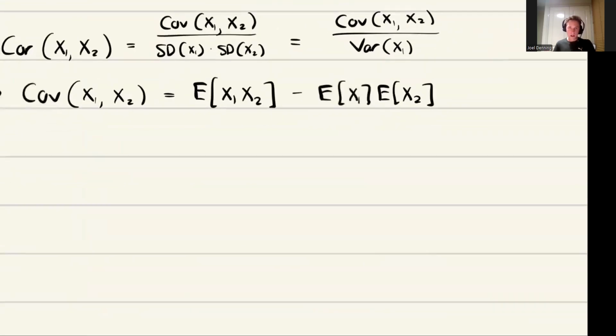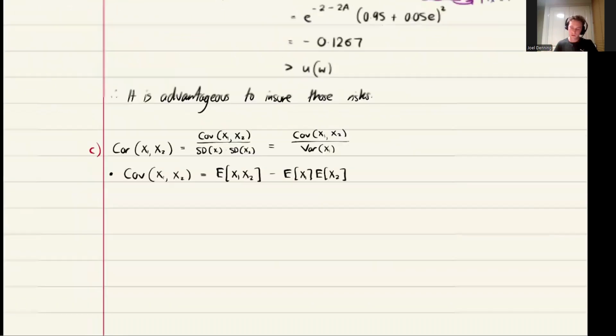Okay, so the only hard part now is calculating this expected value of x1 times x2. But to do that, all you need to remember is that the definition of expectation just tells us that it's the summation, right, in a discrete case, of x1, x2 times the probability of whatever two values are occurring, and we sum that over all the different possible combinations, right?